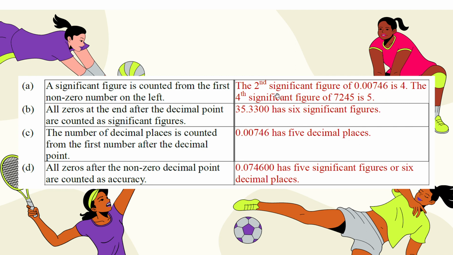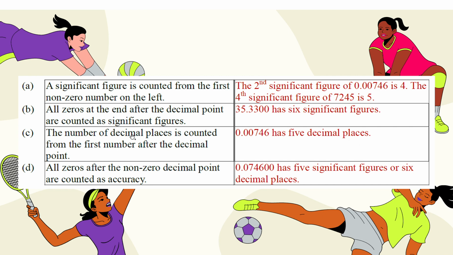Remember, the non-zero number comes first. 7245 is easy: 4 significant figures. Then for zeros at the end, you have to look at whether there is a decimal point or not. Zeros after the decimal point count as significant. So in 35.3300, these two zeros count as significant, so altogether there are 6 significant figures.